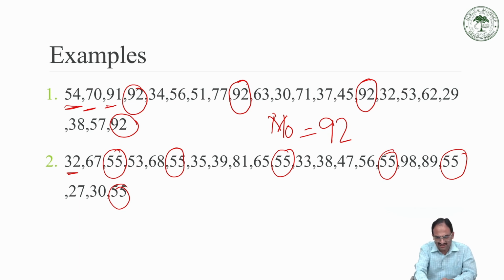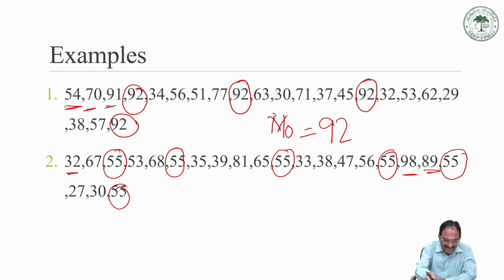There is no other 32 in this whole distribution. If you see 89, it is appearing only once. You will not find 89 anywhere else. So the frequency of 32 is only 1, and the frequency of 89 is only 1. If you check 98, again you will find there is no other 98 in this distribution.